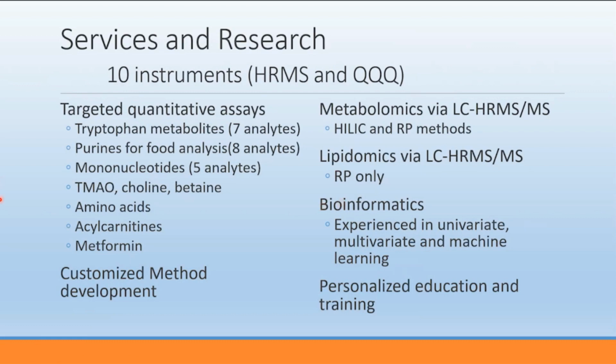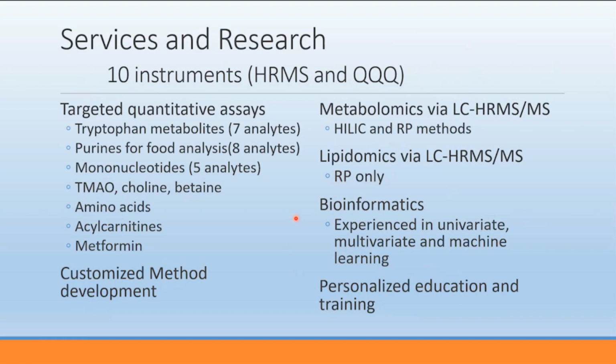We have several different methods that are available within the center, and I also run a research lab where we do other kinds of technologies and development. But within the center, we run targeted quantitative assays, including those that are listed here. We also run customized method development if you have an analyte of interest that you'd like to develop. And of course, we run untargeted metabolomics using two different separation approaches, both HILIC and reverse phase, and lipidomics using reverse phase only.